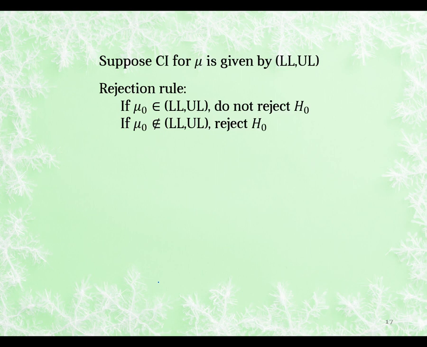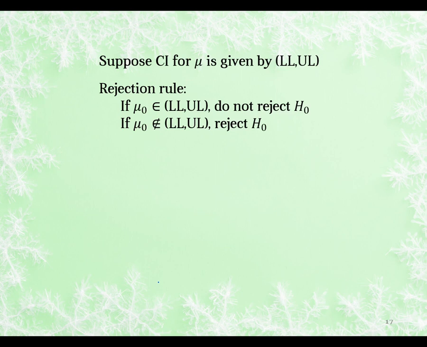And that actually makes a lot of sense, because if you see the hypothesized value in the interval, we know, let's say we've done a 99% confidence interval for the mean, then we are 99% confident that the mean is in that interval. So if the hypothesized value, which we think is the mean, is in that interval, then we have no reason to think that that hypothesized value is not the population mean.